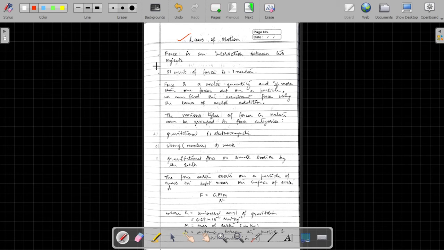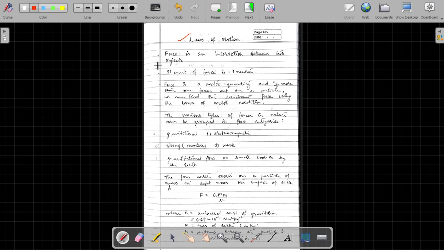For example, tension force and normal force will be categorized in some different aspects, and gravitational force and electromagnetic force will be categorized on different bases. So what are some examples of forces?